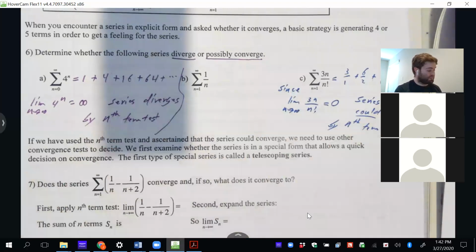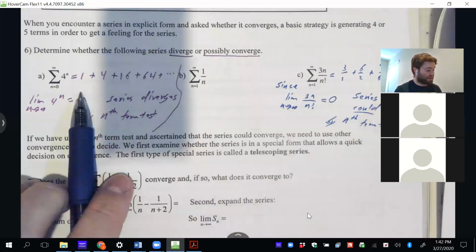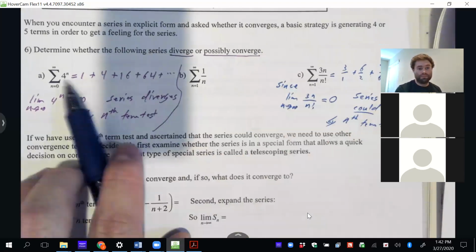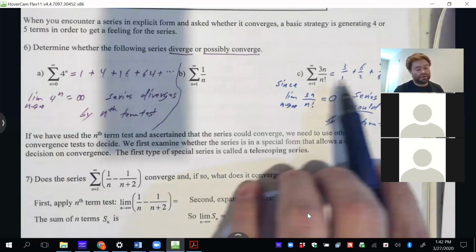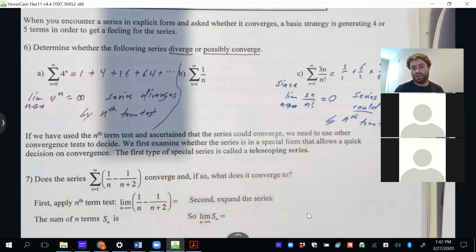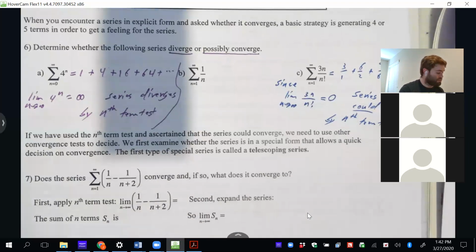Because on A, writing the first 4 terms helped us automatically see that it's just getting bigger forever very quickly, so it's going to diverge. Writing a few of the terms can also, once we see more of these, help you figure out which test to use. But no, you don't always have to. We were asked to here, and it is sometimes helpful. Yeah. Next one.